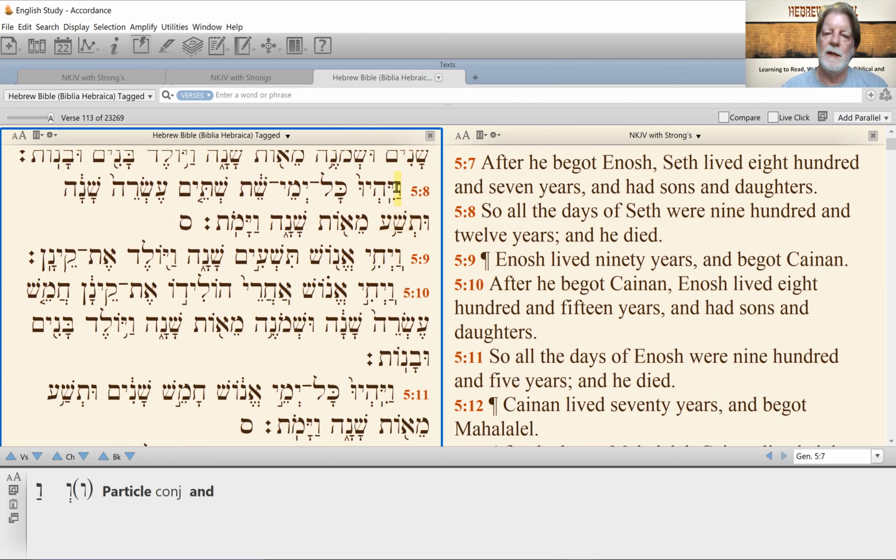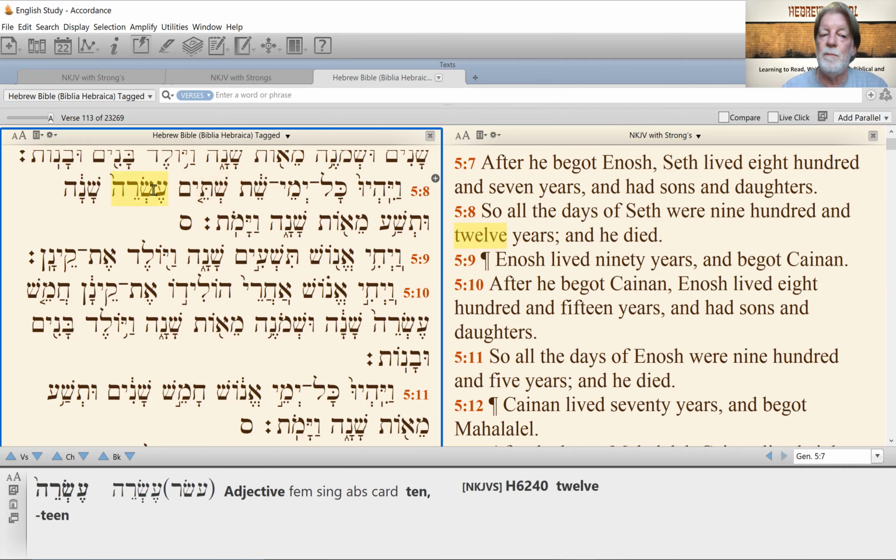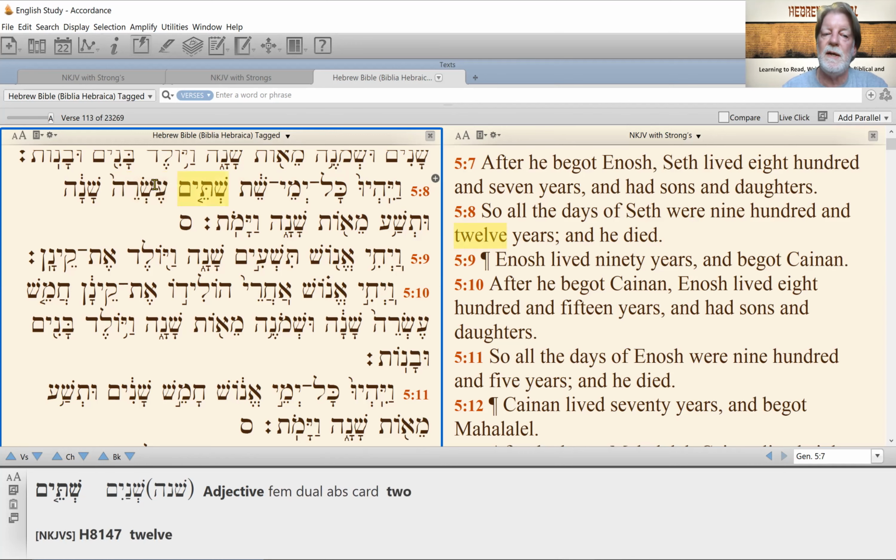Verse 8, Vayahi, and they were, call, all, Yameh, days, Shet, of Shet, Shtaim, which is the Hebrew word for, well, it's actually the word for 2, but it's followed by Esrei. So Shtei Esrei is the Hebrew way of saying 2 and 10, or 12 years, Shana. Tesha, 9, Meot, 100, Shana.